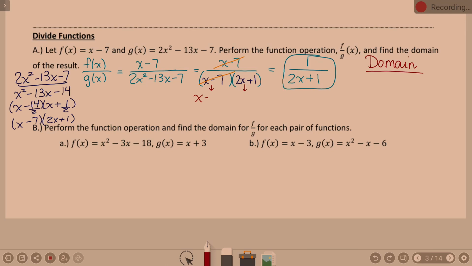X minus 7 equals 0. 2x plus 1 equals 0. X cannot equal 7. 2x equals negative 1. x cannot equal negative 1/2.